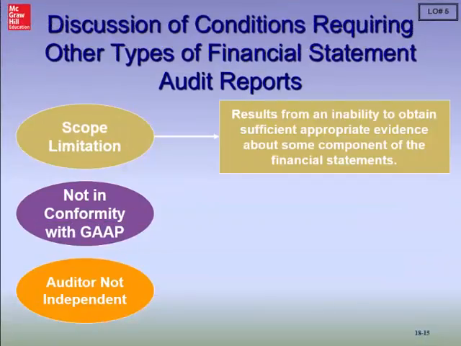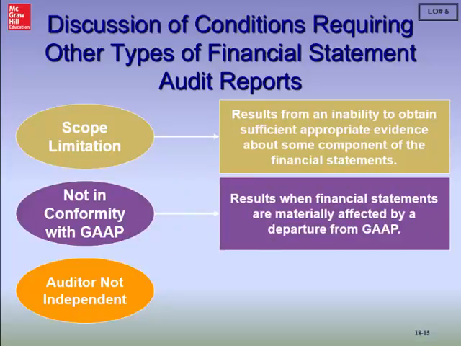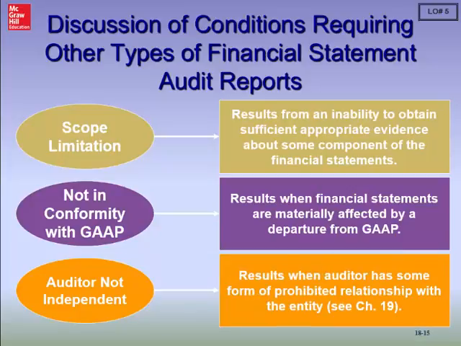If we're looking at this from the perspective of a scope limitation, this results from the inability to obtain sufficient appropriate evidence about a component of the financial statement. If we're looking at it from the perspective of non-GAAP compliance, this results when the financial statements are materially affected by a departure from GAAP. And then the auditor is not independent, which results when the auditor has some form of prohibited relationship with the entity.